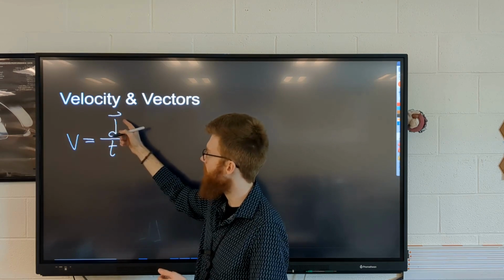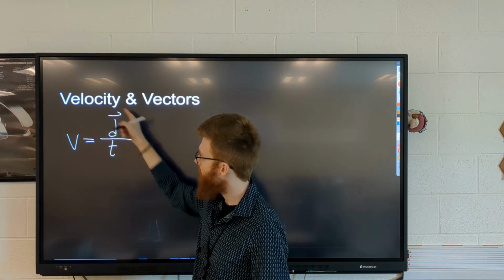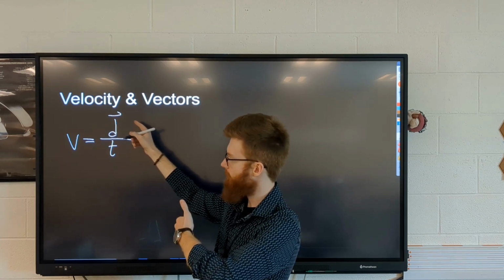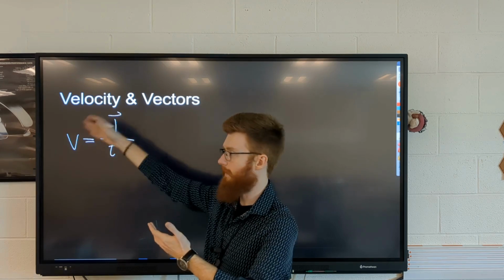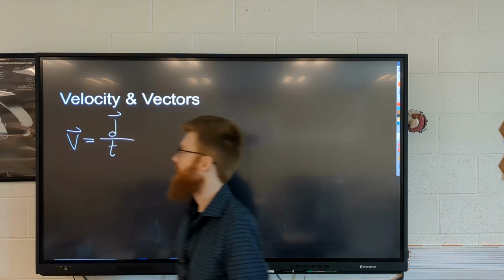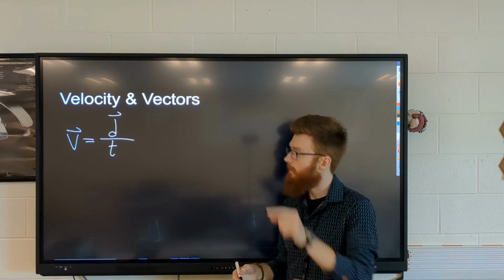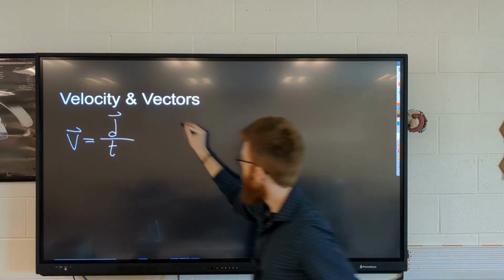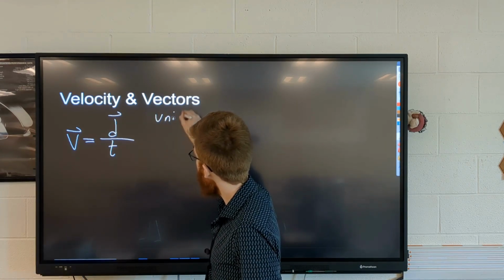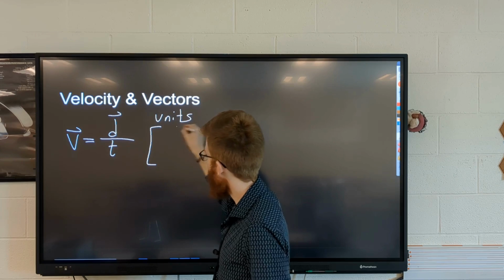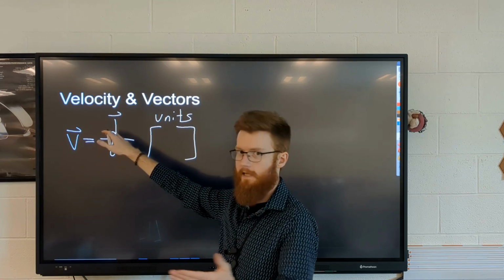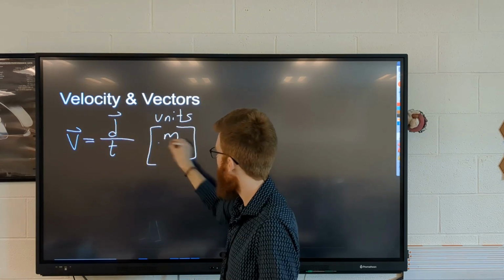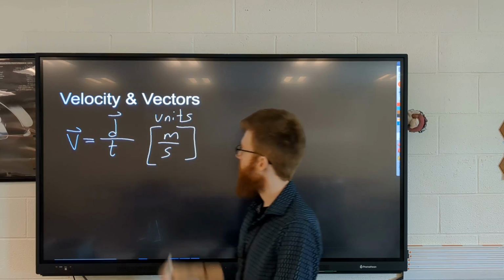And that actually clues us in to the fact that since we have an arrow hat on the right side of the equation, we really need one on the left side. And since velocity cares about direction, it gets one too. The units we can also get from the equation itself. The SI unit for displacement is meters, and we already said seconds for time.